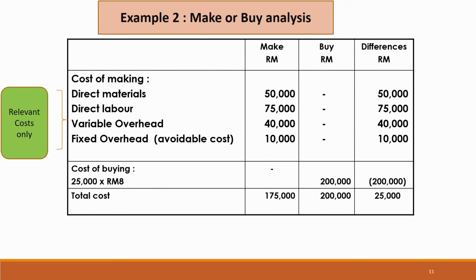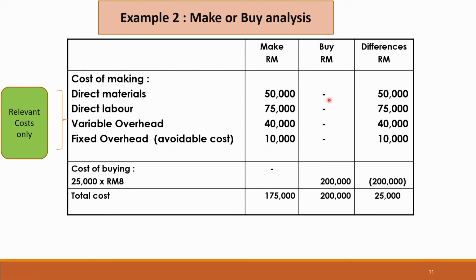Okay, this is the answer for example 2, make or buy analysis. So, the cost of making: direct material 50,000, direct labor 75,000, variable overhead 40,000, fixed overhead we just choose avoidable cost, the amount is 10,000.